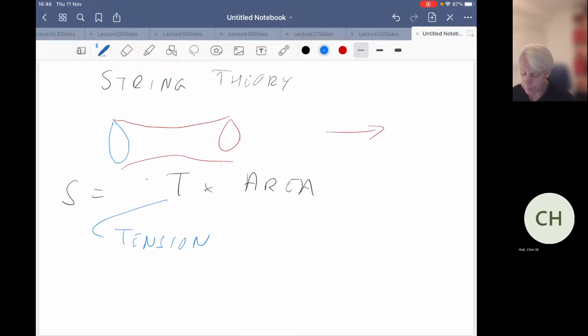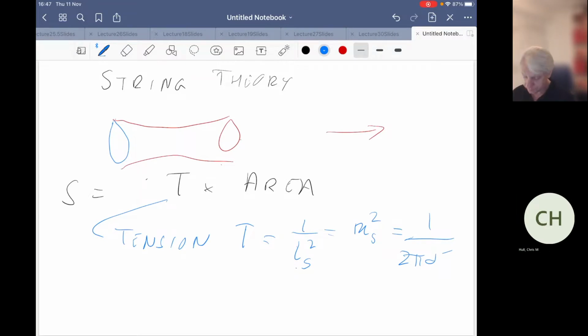tension. It's got the dimensions of 1 over a length squared, so it's sometimes written as 1 over a particular length scale, which is defined in this theory, the string length. So you could also think of it as defining a mass squared, a string mass, and historically it's given by a parameter known as alpha prime. So this is 1 over 2 pi alpha prime.